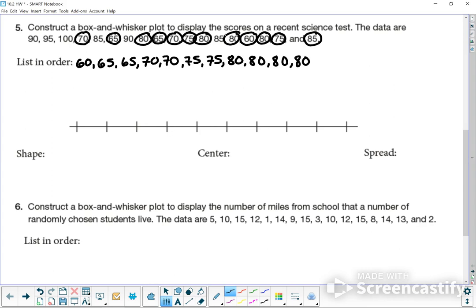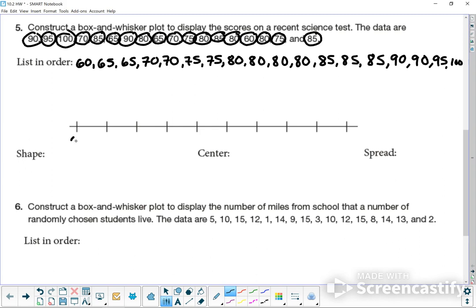So 1, 2, 3. 90. Got 1, 2. 95. Got 1 only, and 100. Right? This one. All right. So it looks like lowest is 60, 65, 70, 75, 80, 85, 90, 95, 100.